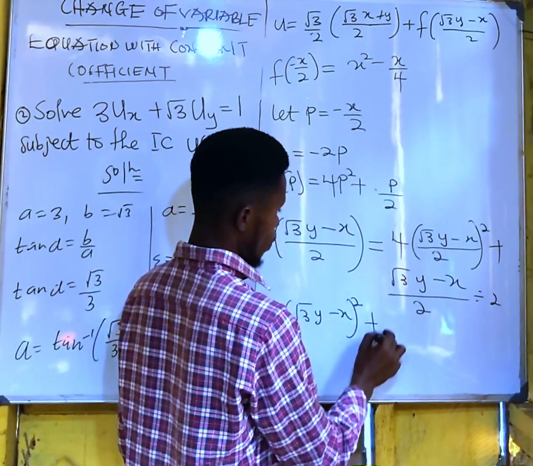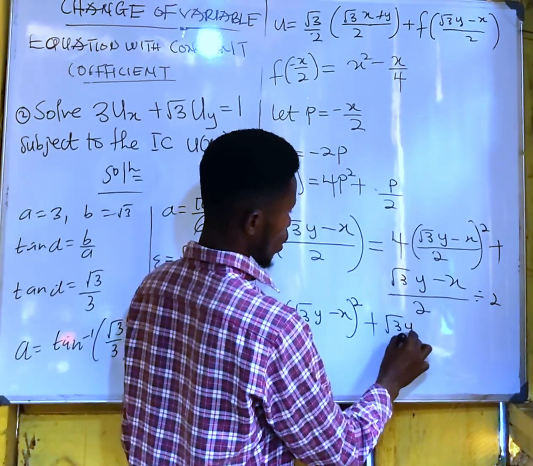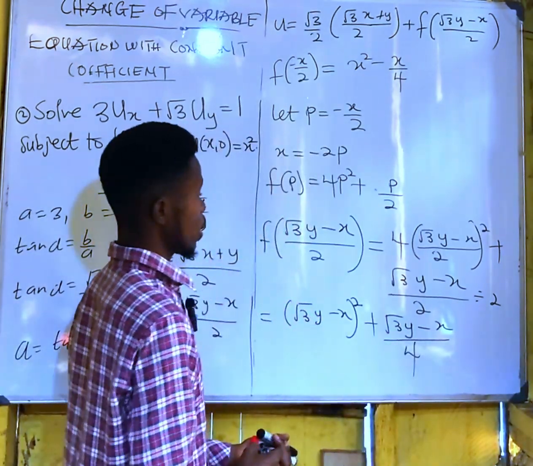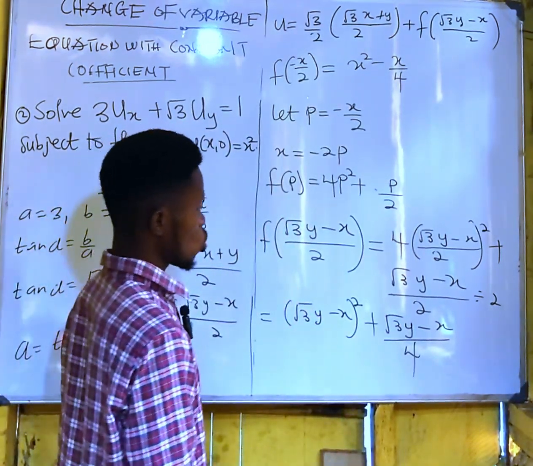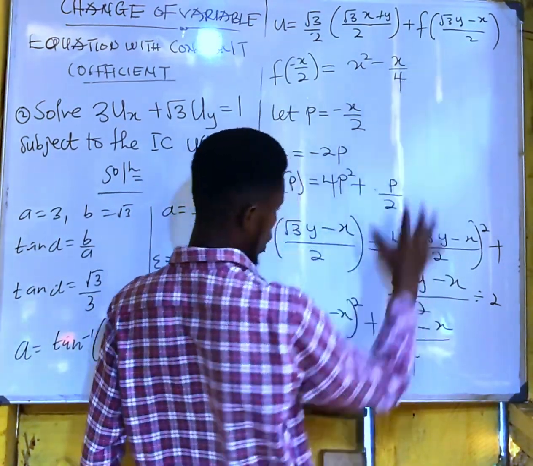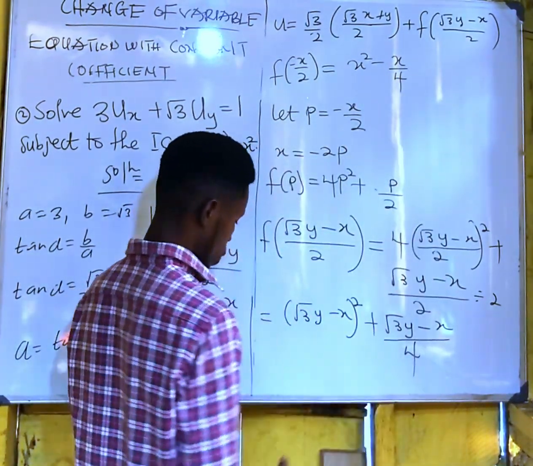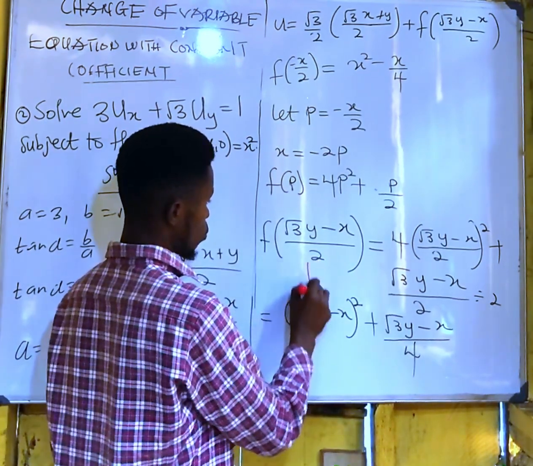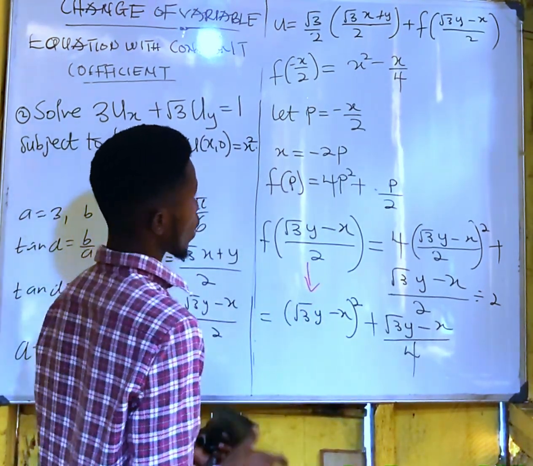So I have plus root of 3y minus x all divided by 4. Is that all right? Very good. So we are just coming back here, and the whole of this is now all of this one. You can see that. So this is how it is looking.